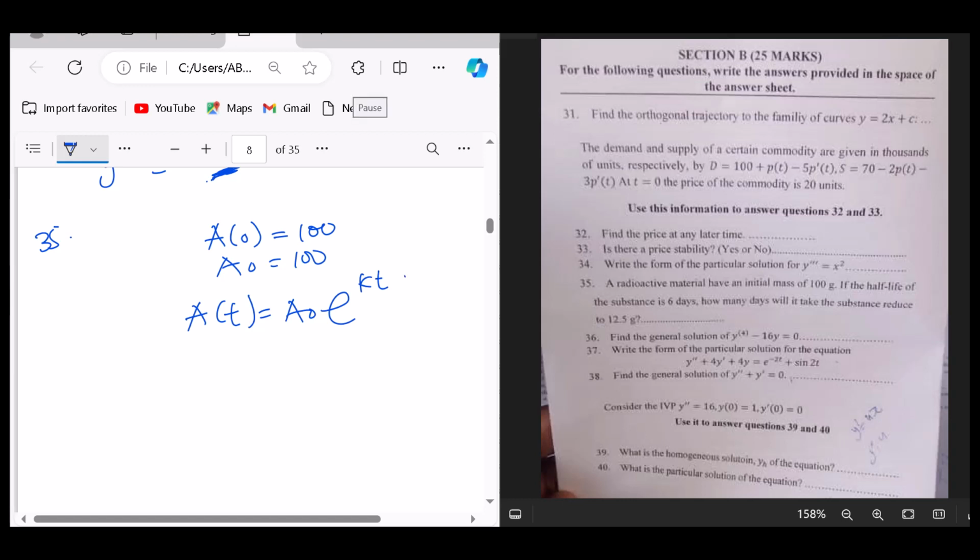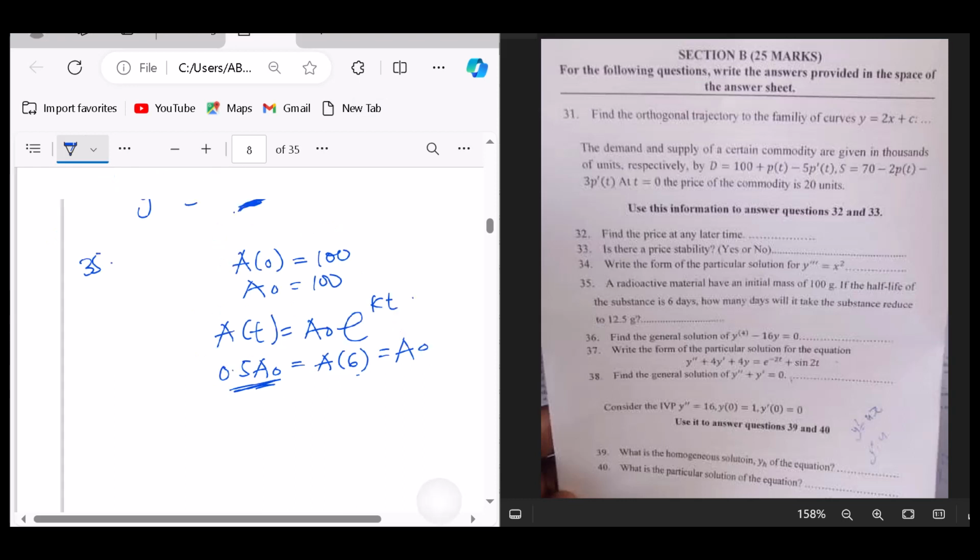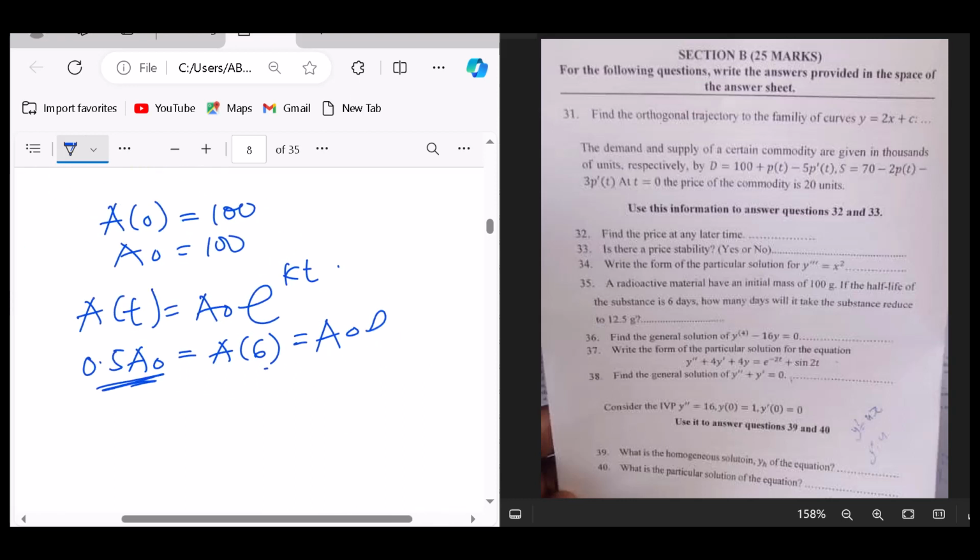That's the amount remaining. Now they are saying the half-life of the substance is 6 days. It means that 0.5 of a naught is at A of 6. So the amount of time needed for the substance to reduce to half of it is just 6, and this equals A naught e power 6k.